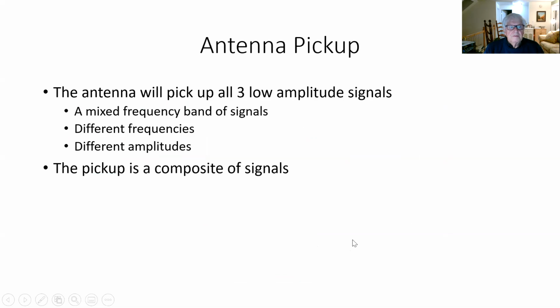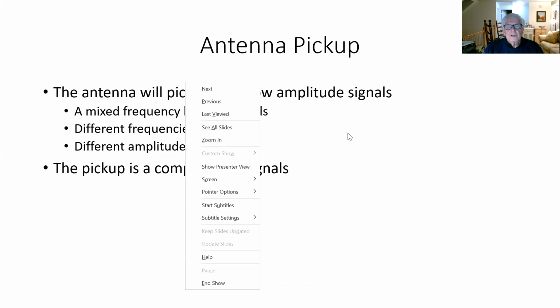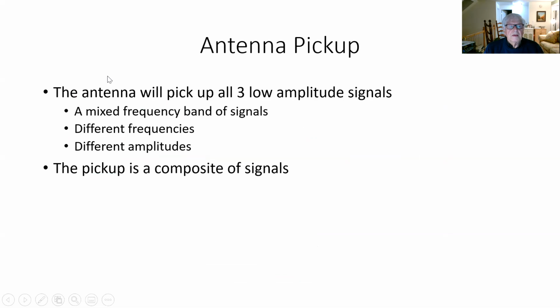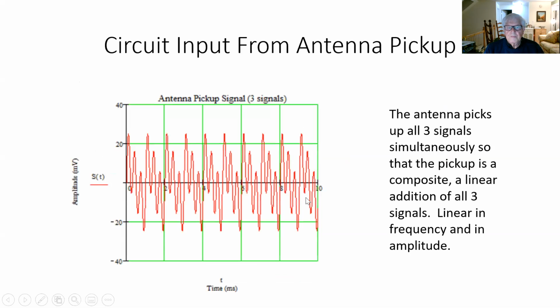So our antenna will pick up all three of these if we pass them. If they're up there, we pick up all three with 3 amplitude signals. We've got a mixed frequency band of signals, okay? It constitutes a band of signals that have different frequencies and different amplitudes. So the pickup is a composite of all 3 of those signals.